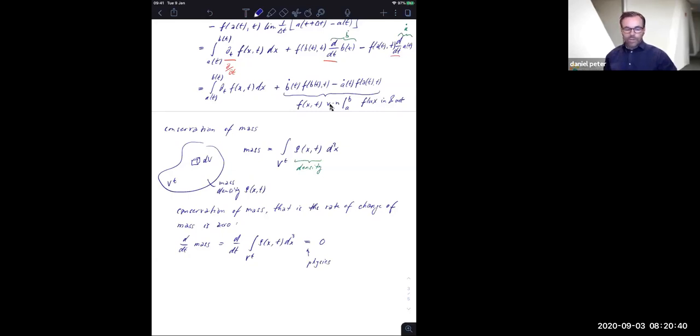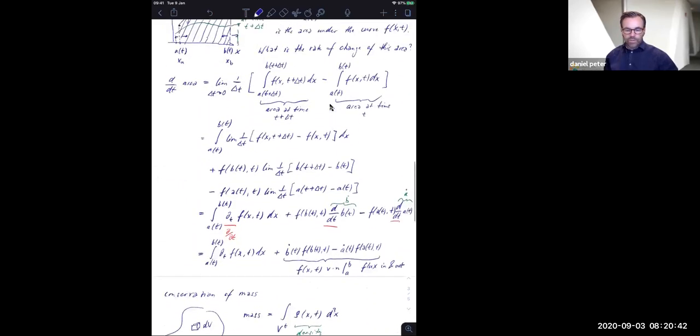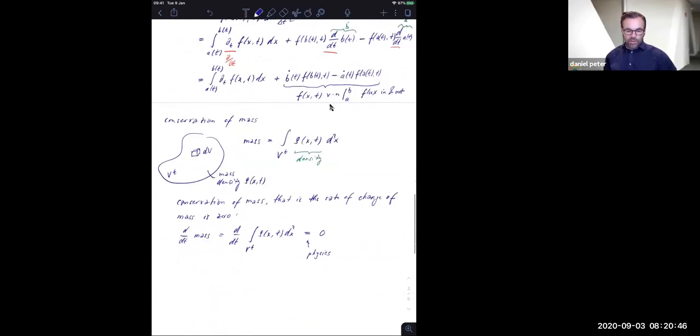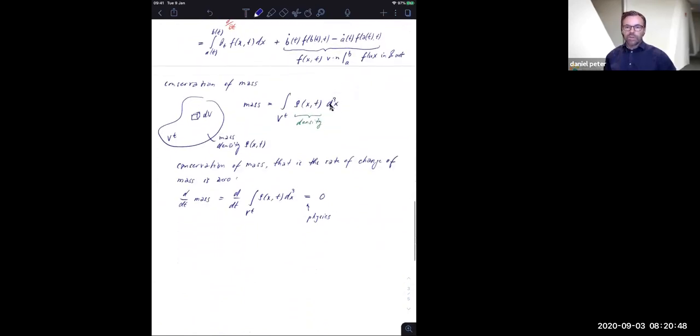So now you see the exercise we made just before is pretty much all we need to express this conservation law. The rate of change of mass is the rate of change of the integral of the density. And if we write that down, we can write it as the mass balance.